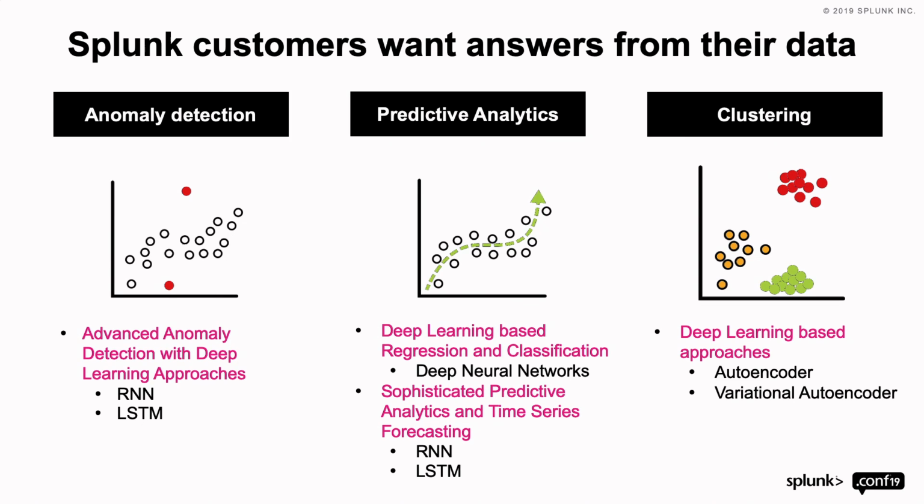I have predictive analytics or forecasting: I want to forecast the future. Maybe I'm trying to forecast server time, cloud usage, any kind of KPI. And then lastly, we have clustering, and this is where AutoEncoder fits in. I want to learn everything in my data.